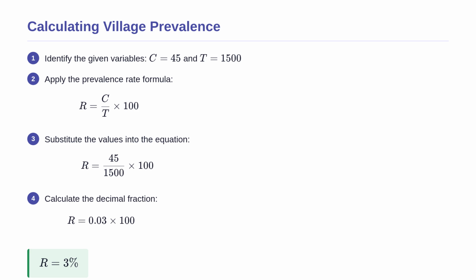We substitute 45 for C, the confirmed cases, and 1,500 for T, the total population. Dividing 45 by 1,500 gives 0.03. Multiplying by 100 yields our final answer of 3%. Because 3% is greater than the 2% threshold, officials must immediately initiate mass drug administration.